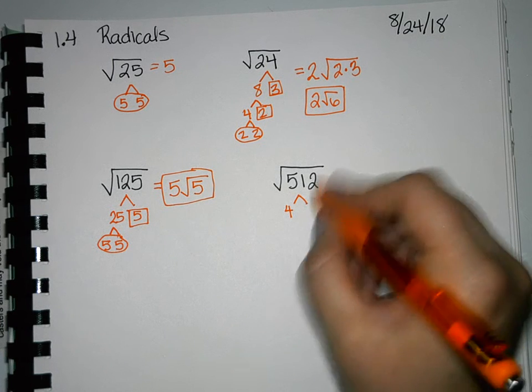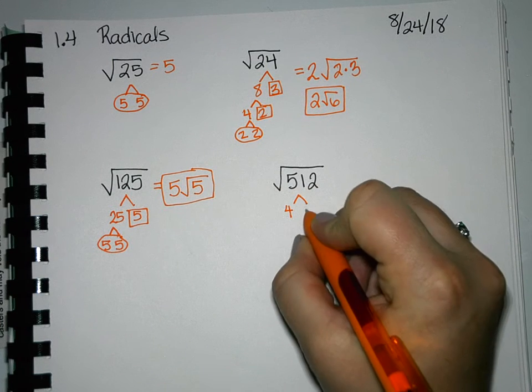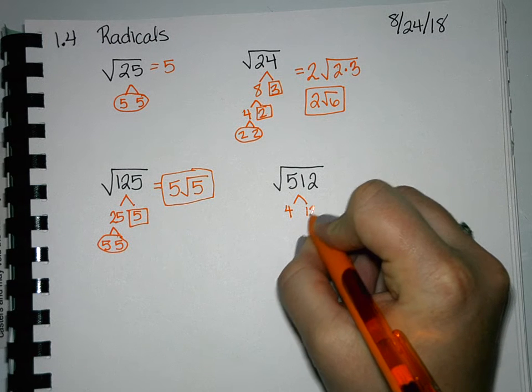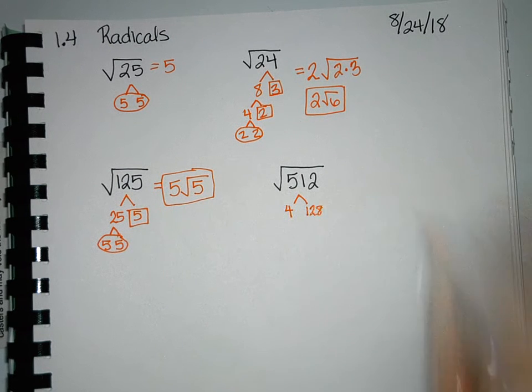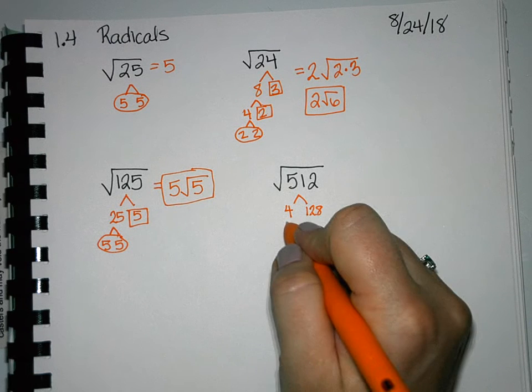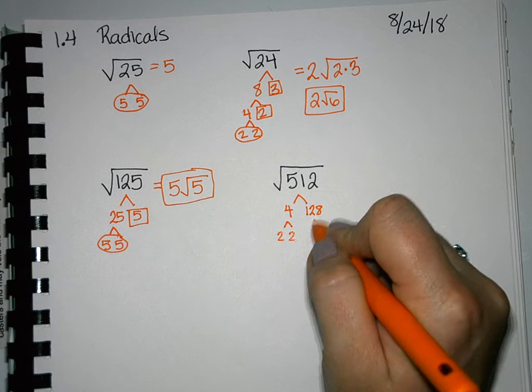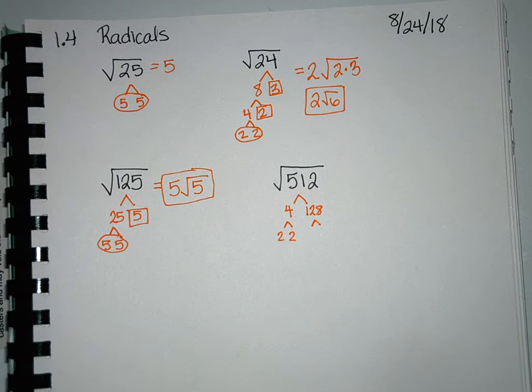So 512 divided by 4, I'll get 128. And then 4 breaks down to 2 and 2. And now I need two numbers that multiply to 128.